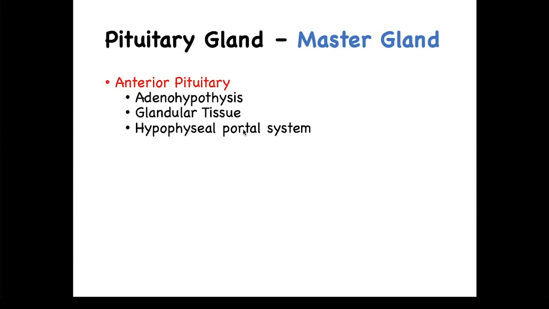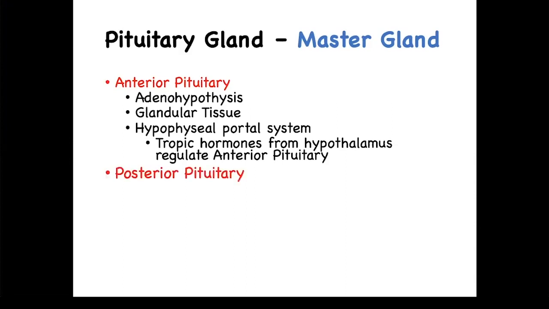Recall that normally veins empty or return the blood back to the heart, but in this case, the vein within the portal system feeds into another capillary network. So the hypophyseal portal system transports the tropic hormones from the hypothalamus to the anterior pituitary.